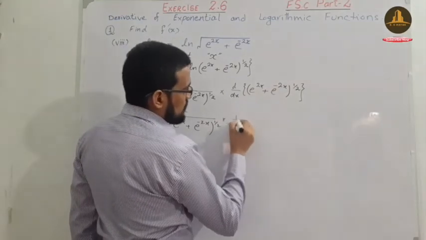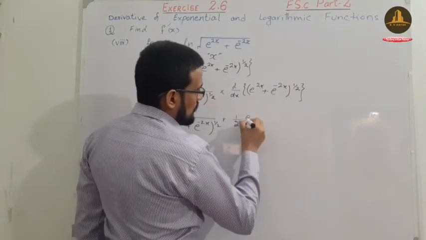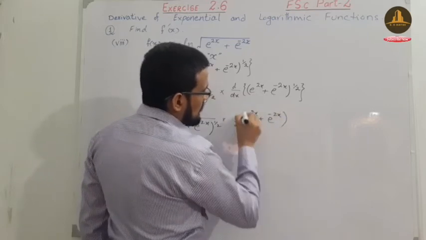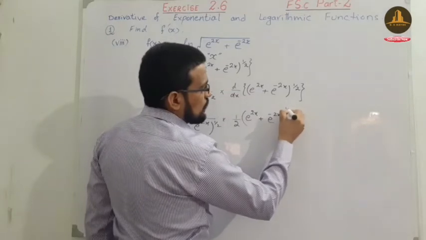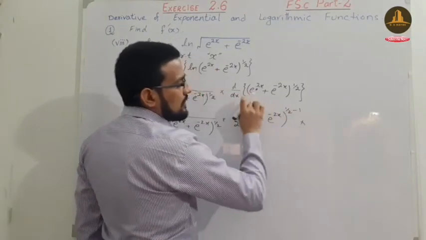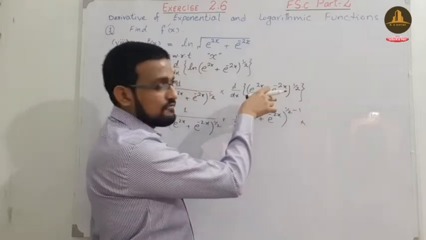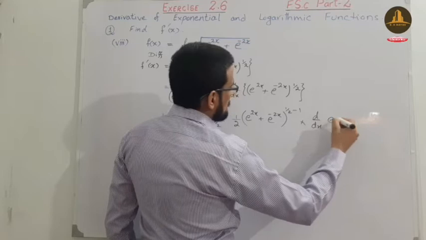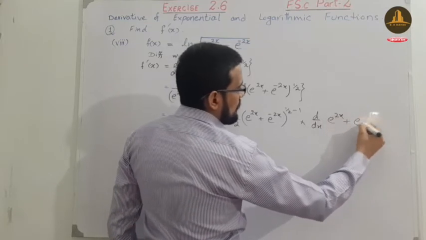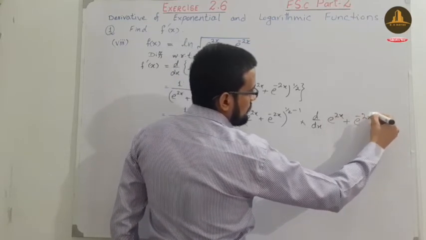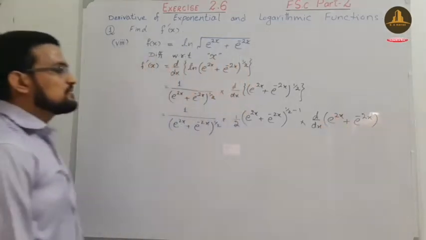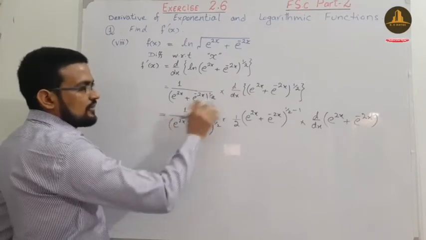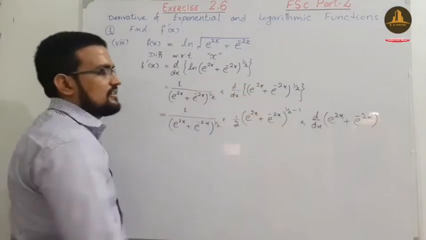So it means 1 by 2 times e raised to power 2x plus e raised to power minus 2x, and then whole power becomes 1 by 2 minus 1, multiplied by the derivative of the inner function. Be concentrate on this question, this is very important. Here student, this is a composite question: function inside the function, inside the function.